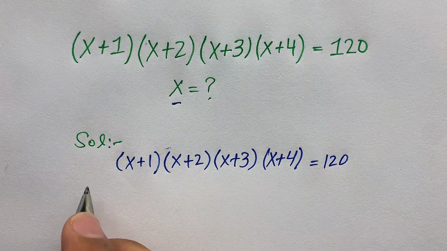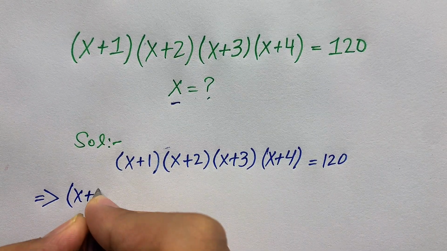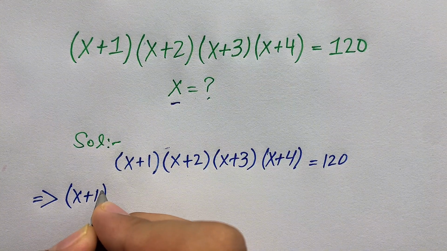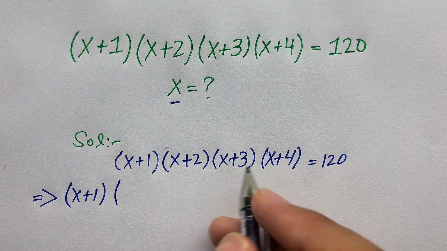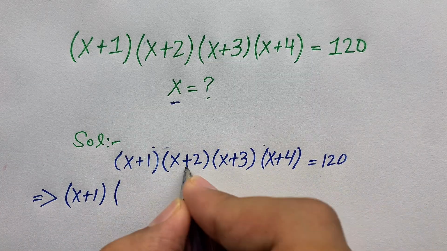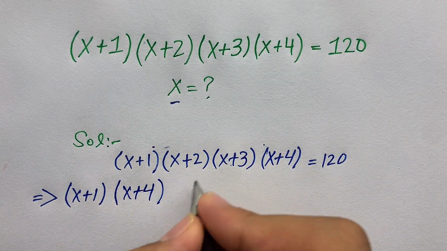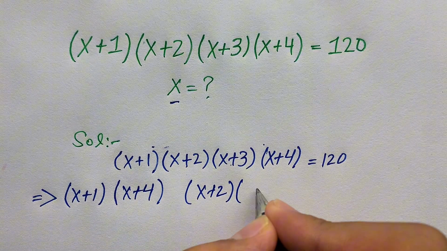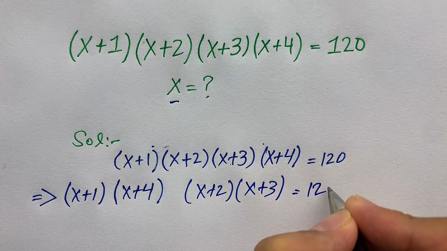So, this x plus 4, this and this and this, x plus 2 and x plus 3 is equal to 120.